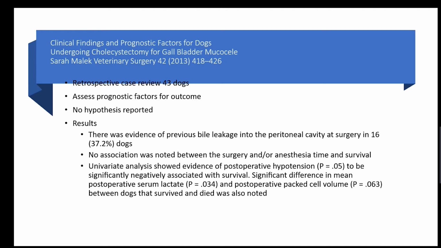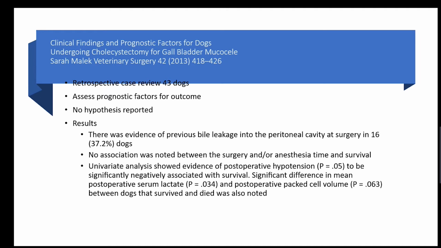And the goal was very general, just to assess prognostic factors that might impact upon outcome. The downside of this study is that they did not report any hypothesis, so it was a general review in order to try to ascertain information about whether or not there were any prognostic factors that could help us guide owners to give any idea of prognosis.